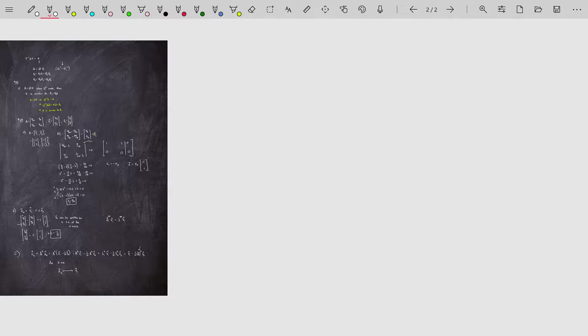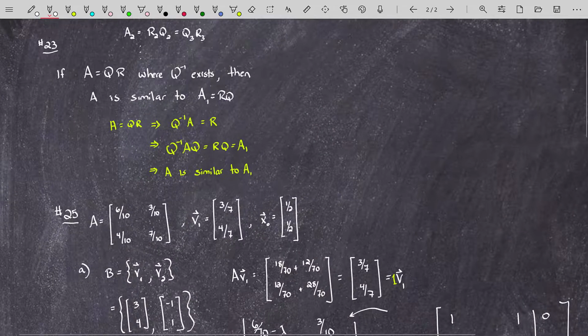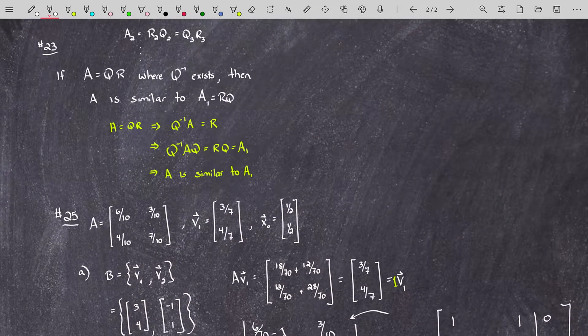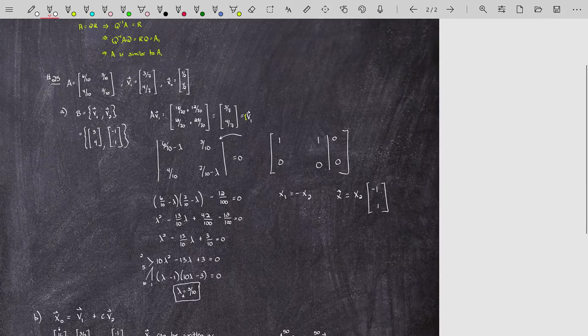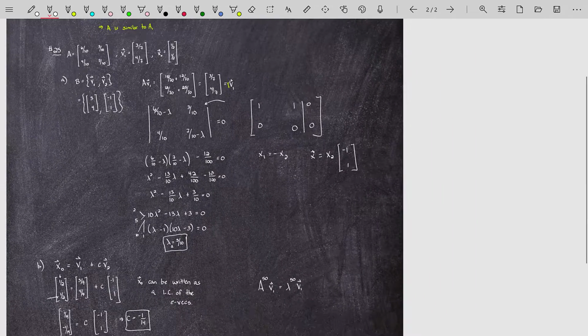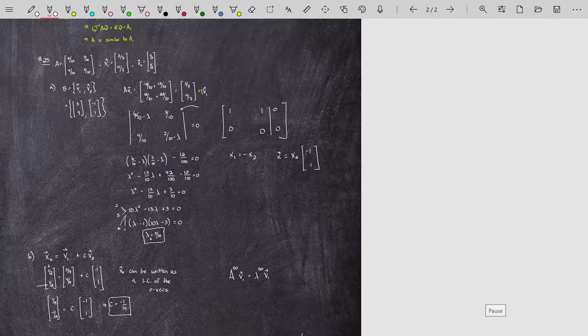Of those two, 23 is a little bit wordy. I would not have something that crazy worded on an exam. Definitely not. However, similarity definitely will be on the exam. And then 25, I really like these iteration style problems.